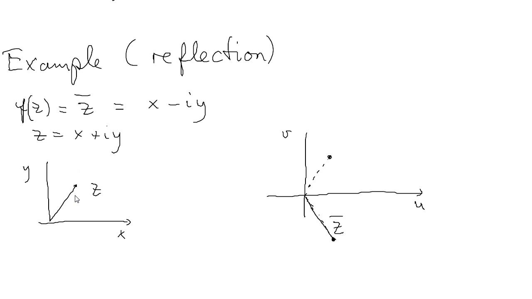So this point is transformed into this point. So we see that every point in the complex plane is reflected above the real axis. So this is therefore called a reflection.